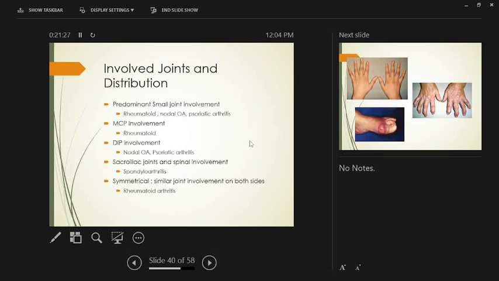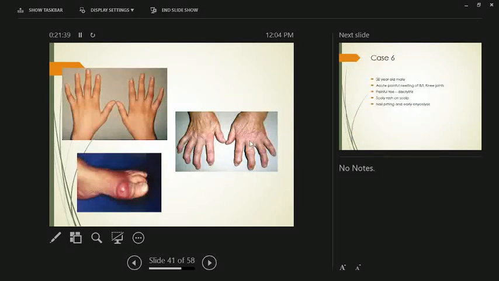If there's distal interphalangeal joint involvement, then it's likely to be nodal osteoarthritis or psoriatic arthritis. And with sacroiliac joint and spinal involvement, we think of spondyloarthritis. If there's symmetrical involvement, we think of rheumatoid arthritis and also arthritis associated with other connective tissue diseases.